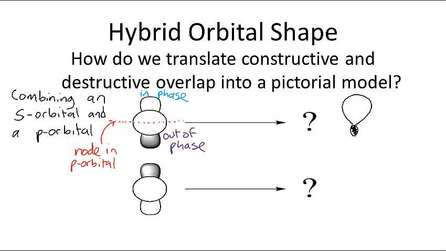So when we combine them in the orientation I showed at the top, we're also going to combine them in the orientation I showed at the bottom. So in the bottom, things are reversed. There I have in-phase overlap on the bottom and out-of-phase overlap on the top. So how is the resulting orbital from that second combination going to turn out?